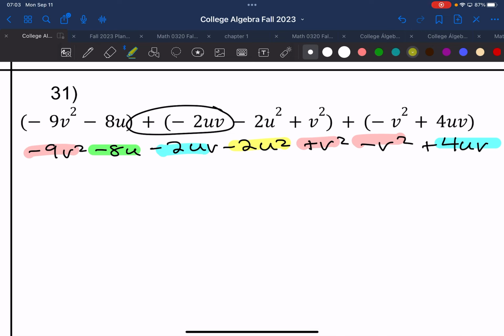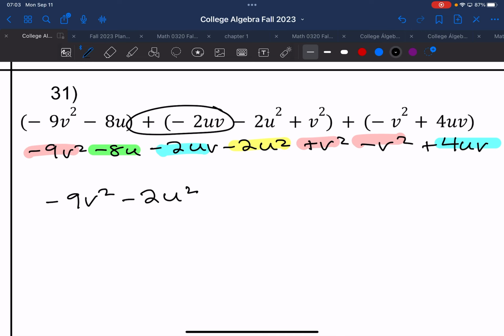In this case, it doesn't matter if you put u first or v first, as long as the squares are first. So if we start off with v squared, we have negative 9 plus 1 minus 1. So what's going to be out in the front? Negative 9v squared. Okay. Then we have to look at the u squares. There's only one u squared, so I'm going to bring it down. That's that negative 2u squared.